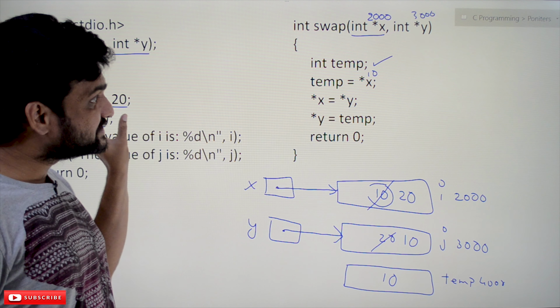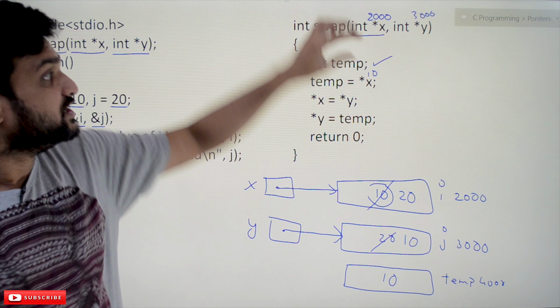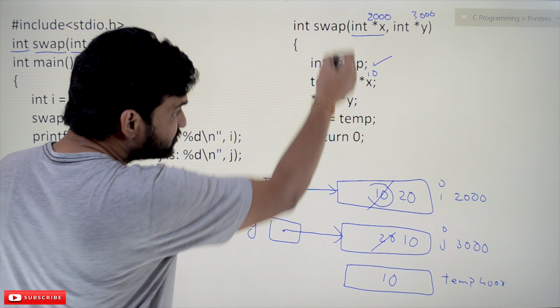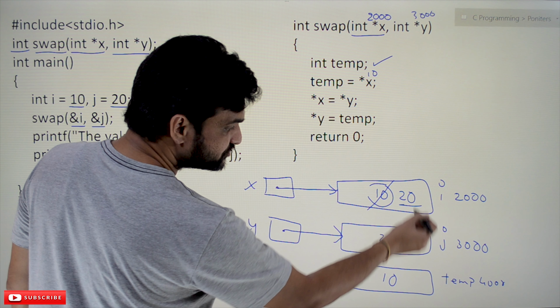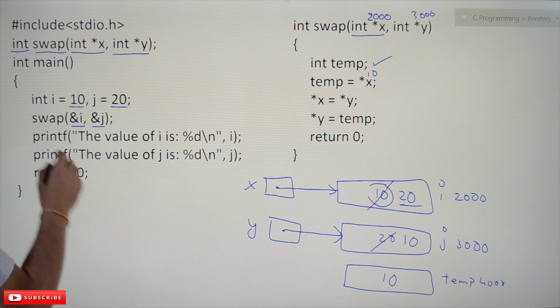We are passing the values as a reference, pass by reference. The addresses are passed. After executing this function, what are the values stored in i and j? It is 20 and 10. See here, the swapping of i and j has been done.